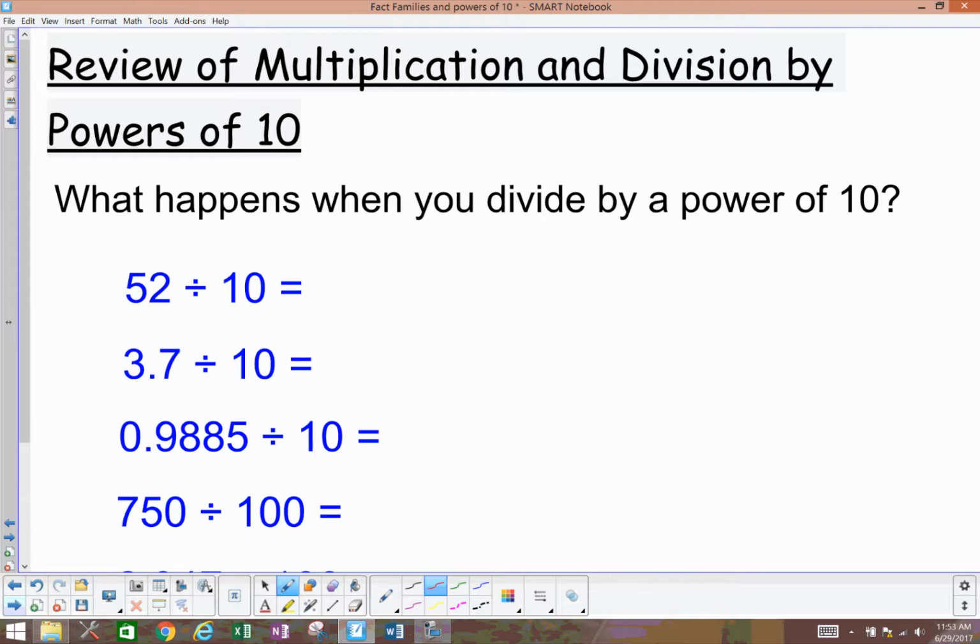That means we're going to be shifting our place values, but we're doing it in the opposite direction. We're moving towards those reciprocal values. So 52, I will be taking the 5 and moving it to the ones place, and the 2 will move to the tenths place.